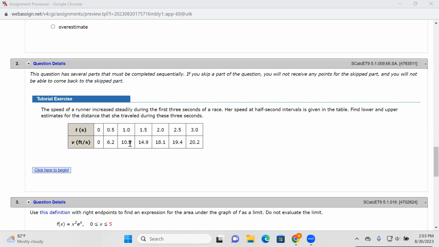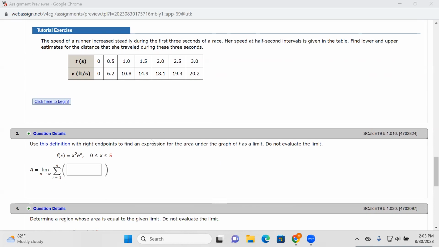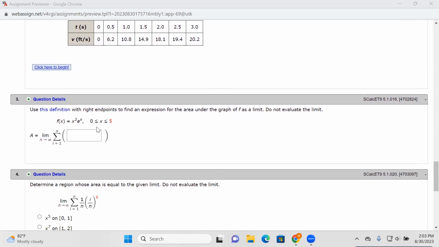Whereas the upper estimate would be a right sum, because take any two adjacent function values, the right of the two is going to give us the taller rectangle, which would give us more of the upper estimate.